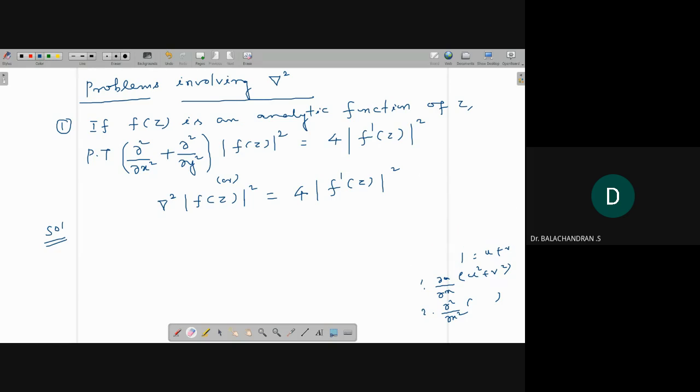Now we will do it. So solution. Let us take f of z equal to u plus iv be the analytic function of z.